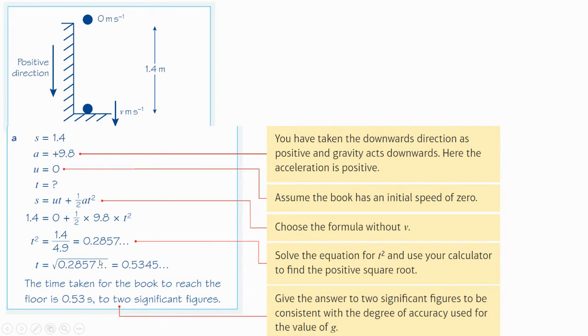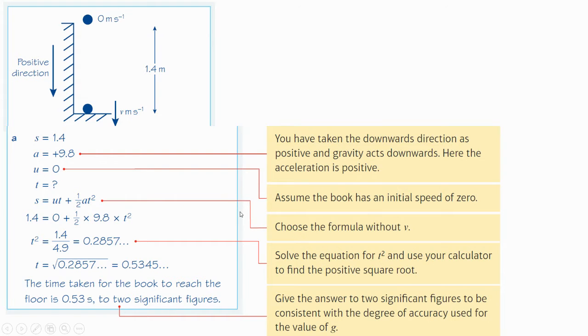It's always wise to consider positive and negative when you've got T squared equals something, and give your answer to the appropriate degree of accuracy. 2 significant figures is normally standard, so 0.53 seconds, and just have a think about if it seems reasonable. And yeah, a book falling off a shelf, half a second, that seems reasonable.